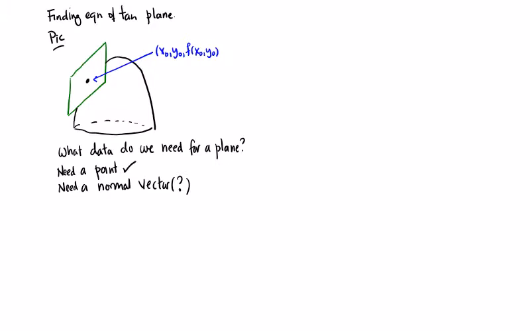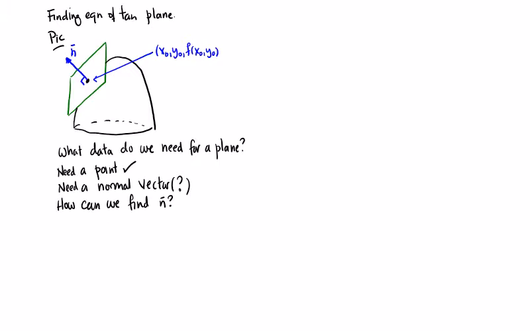So the normal vector on the picture needs to look something like this. It needs to be normal to the plane and normal to the surface. Really normal to the surface because that's how we're building the plane. So how can we find n? Once we've got n, we're home free.